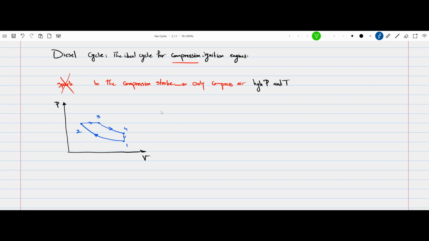So let's write down the processes here on paper. So 1 to 2 is an isentropic compression. 2 to 3 is a constant pressure heat addition. 3 to 4 isentropic expansion.